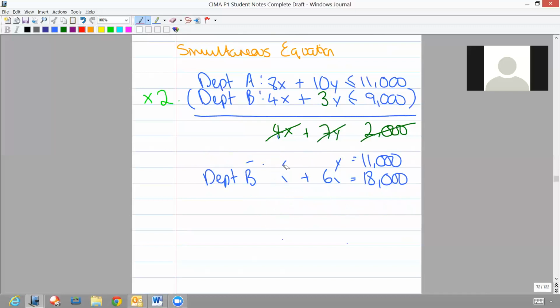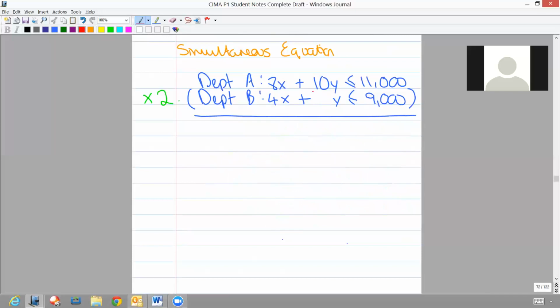Sometimes you have to multiply both of your lines. So let's say, for example, that was a 3, and that was a 5, and let's say that's a 5 as well.